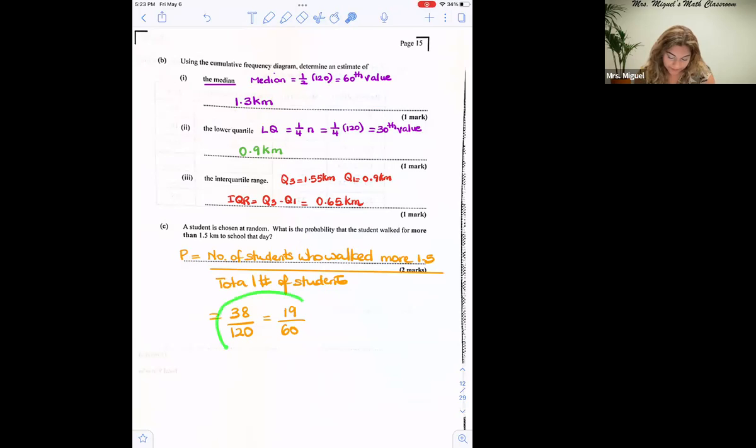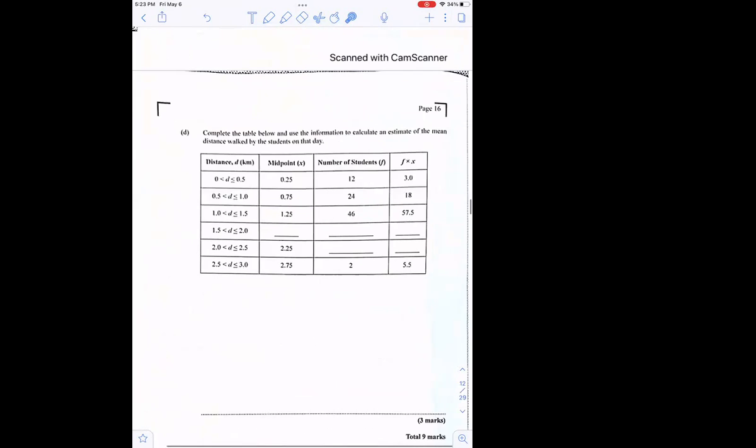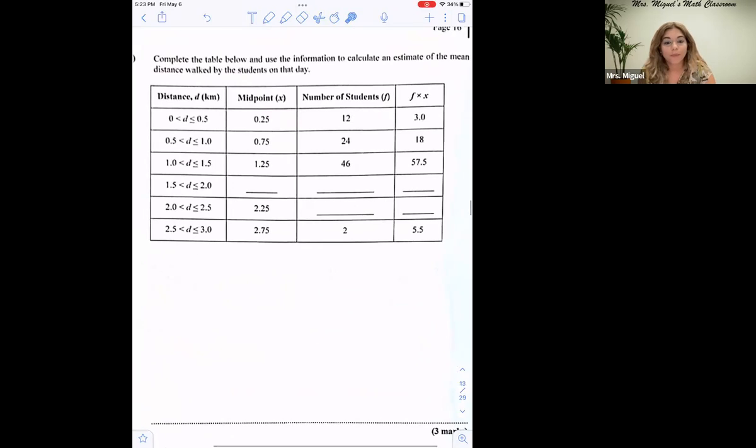All right, is anybody still writing? No, Miss. All right. So look at the table and see how best you can fill the missing values. Go ahead.